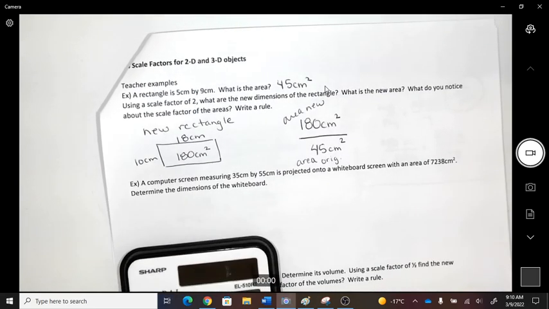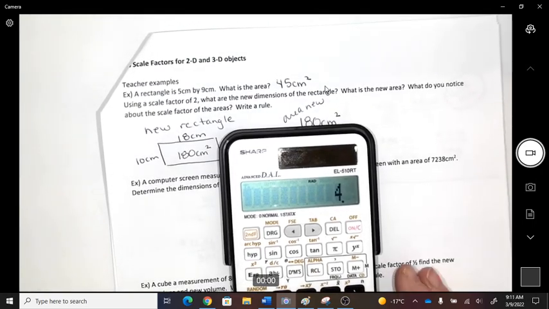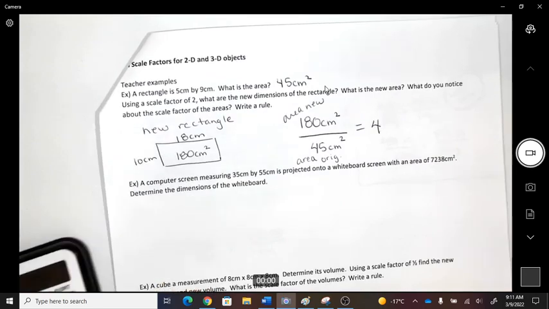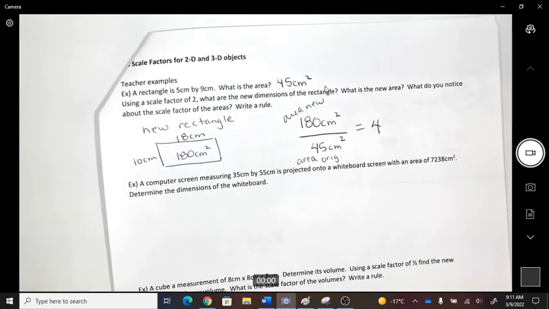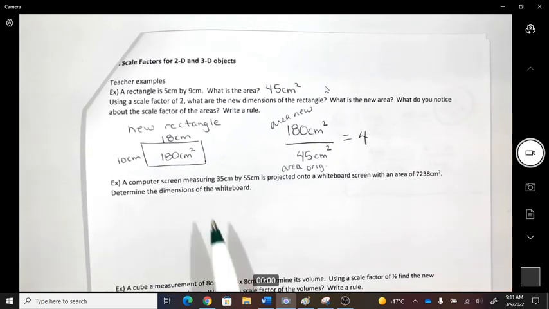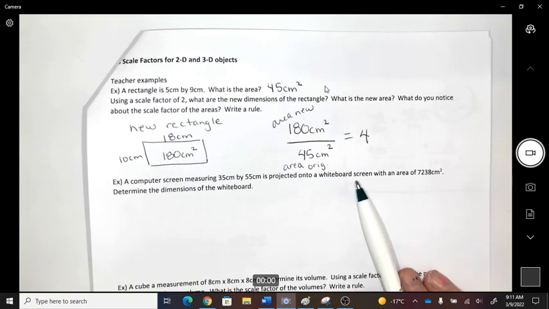And so if I divide that, I get 4. So the sides doubled, the area is 4 times greater.